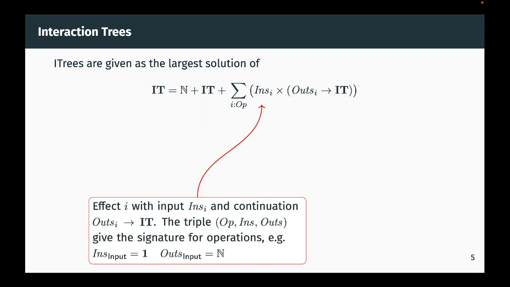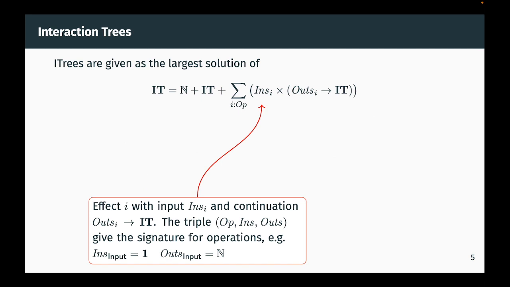And finally, the third component is actually used to represent effects. So each effect I comes with an input arity, which represents the argument, and the continuation, which sends the output arity to interaction trees. So for example, for the input operation, the output arity is the type of natural numbers. So the continuation is going to be just functions from natural numbers to interaction trees. And this is exactly what represents the branching.